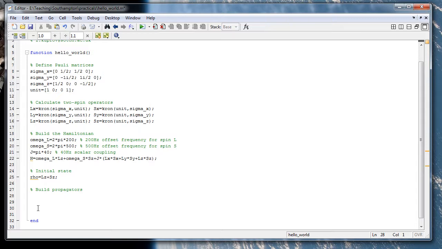Now the pulse propagator, so let's say P pulse, will be, well, as you know, it's a matrix exponential, so expm in MATLAB, and it's minus 1i times the Hamiltonian. And if it's a pulse, let's say it will be a pulse on the y-axis, so it will be Ly plus Sy, because we are pulsing both spins at the same time, times the duration of the pulse.